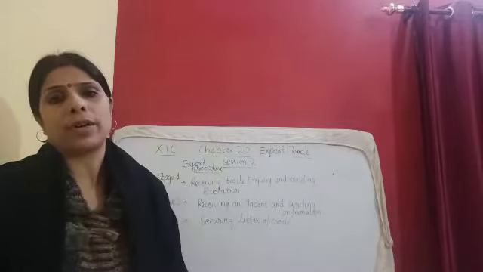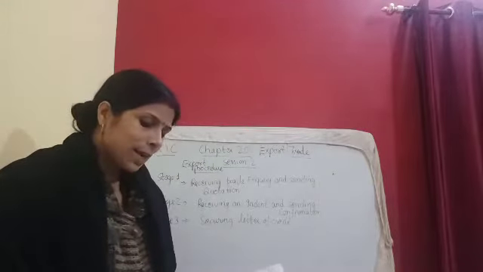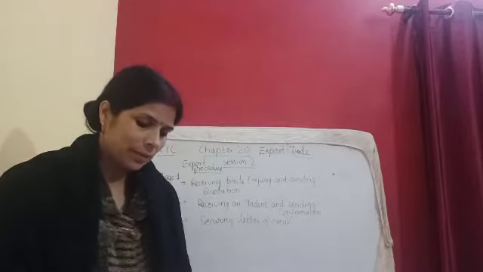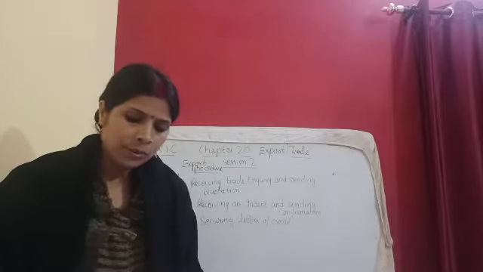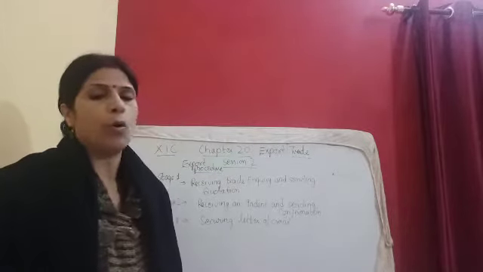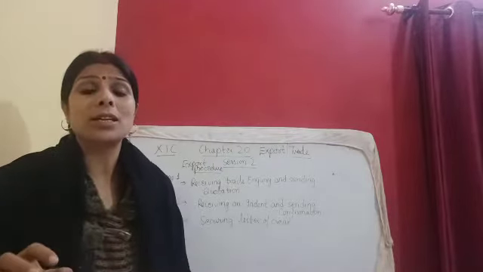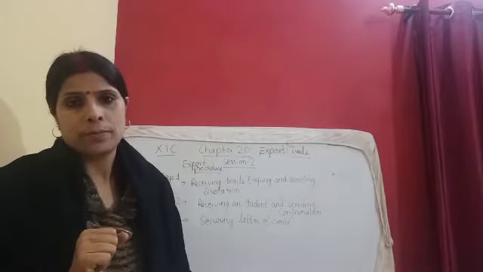Now the second one is documentary letter of credit. Now what is this documentary letter of credit? It lays down the conditions that the documents of title to goods must be sent along with the bills of exchange, without which the bill will not be honored. Documentary letter of credit contains the terms and conditions related to the goods.